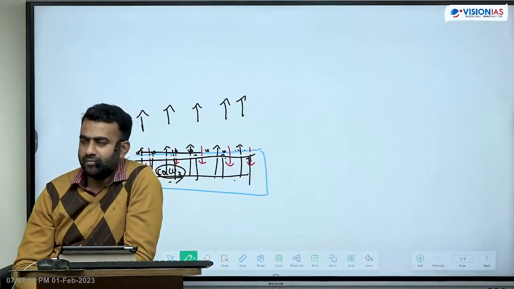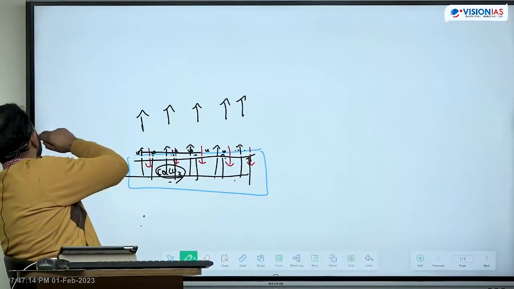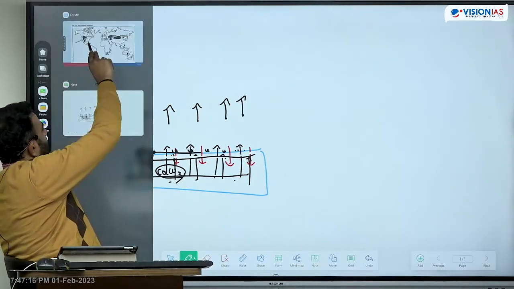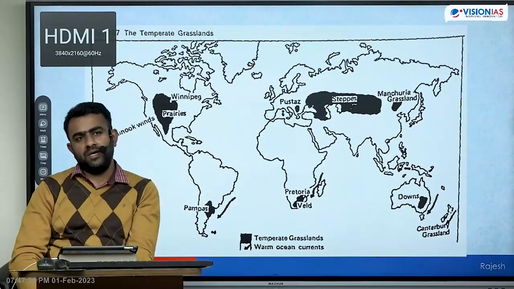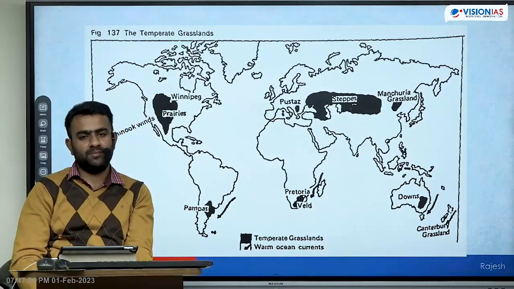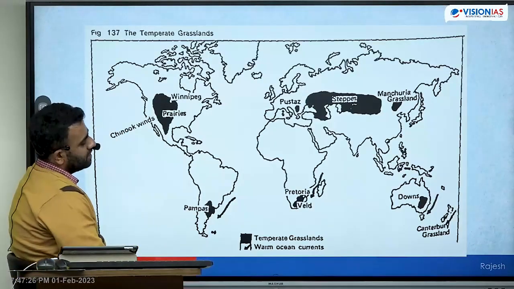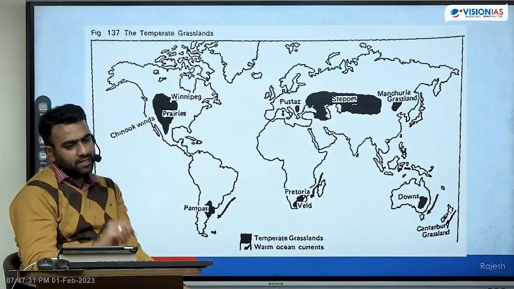Regions. Steppes of Central Asia. Steppe is basically the grassland, temperate grasslands of Central Asia. उसी को ही बोलते हैं steppes. Not only Central Asia, even Eastern Europe also. Central Asia and Eastern Europe.